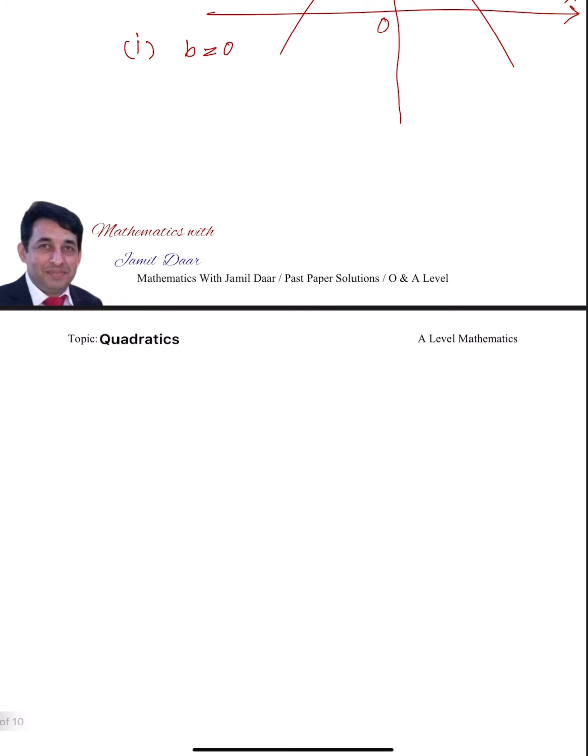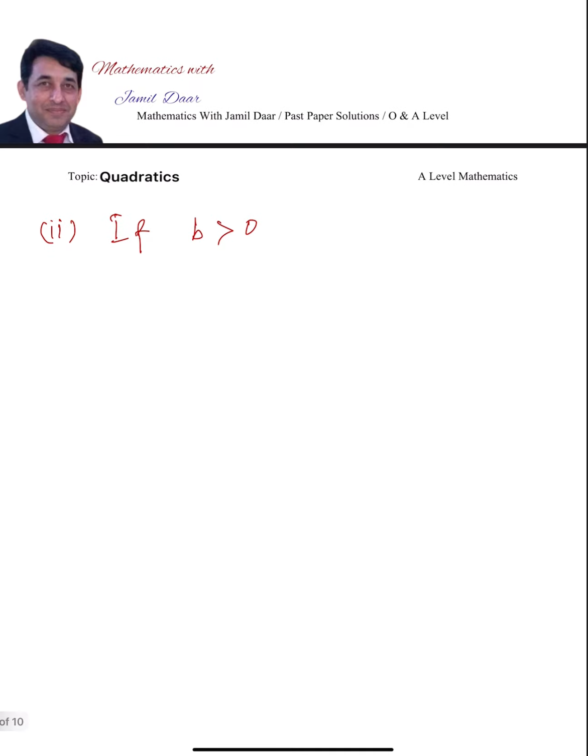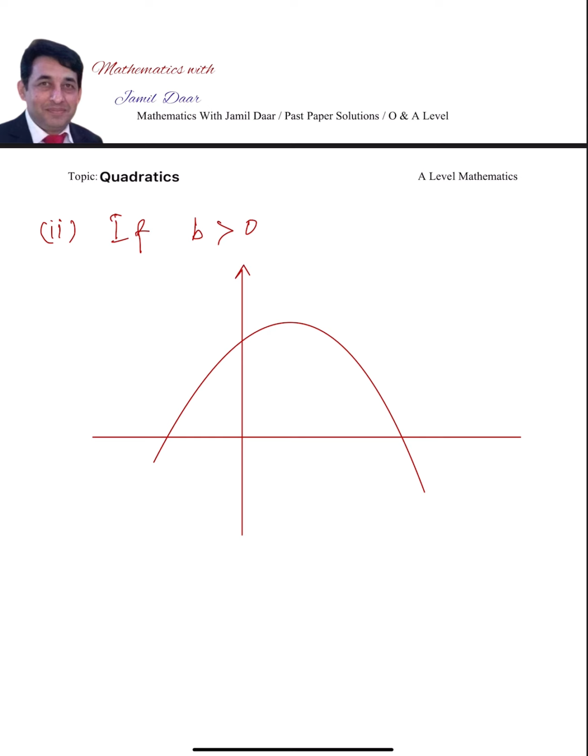Now, if b is greater than 0, if b is positive, then the graph will move towards the right side. That will be more on the right side and less on the left side. That means it will move to this side.